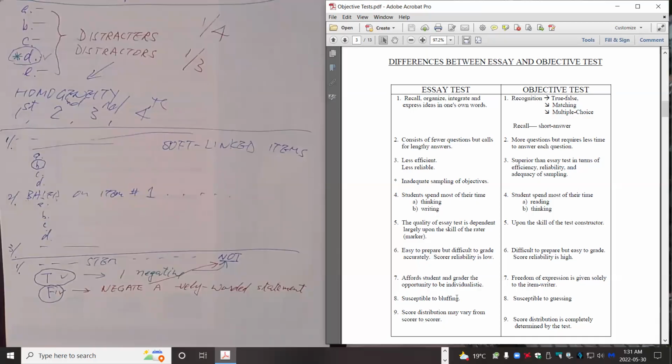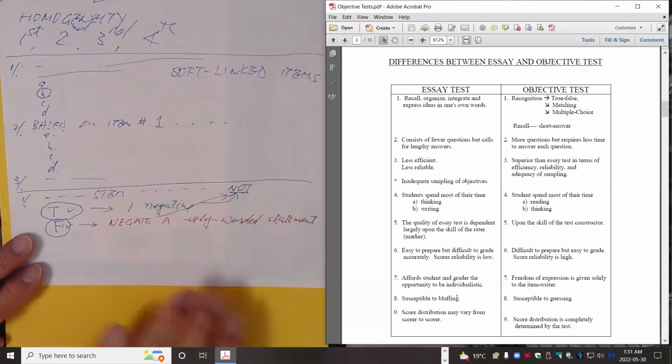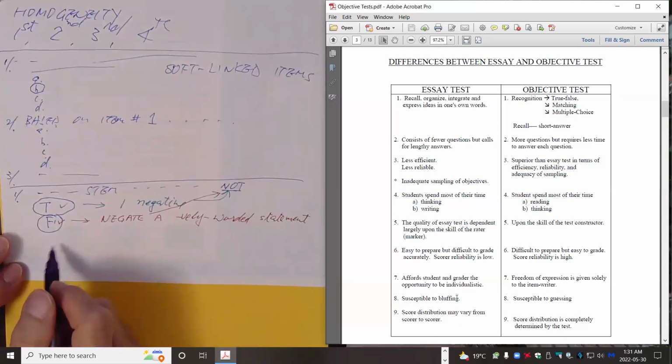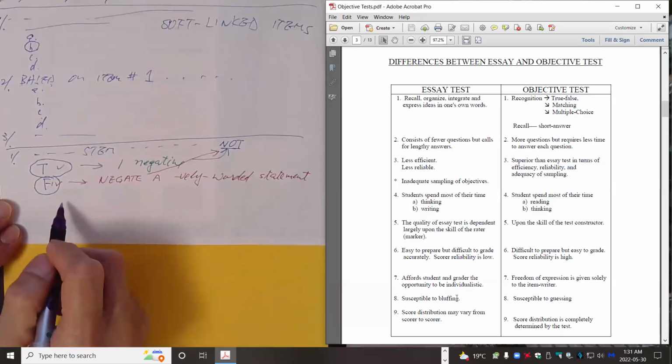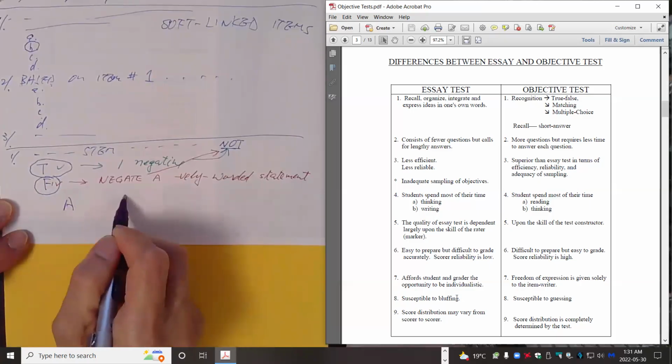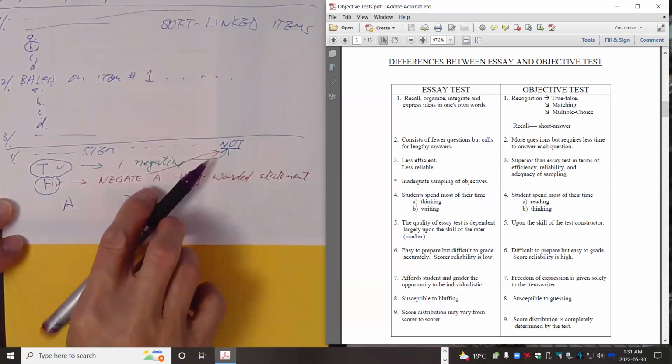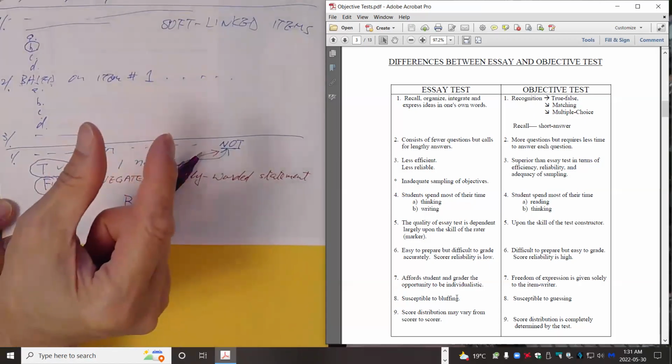Bluffing. That is also one of the major criticisms directed at essays: inadequate content sampling, terrible marking, and susceptibility to bluffing. What is bluffing? Let's say two examinees, A and B. Both of them only know so much.